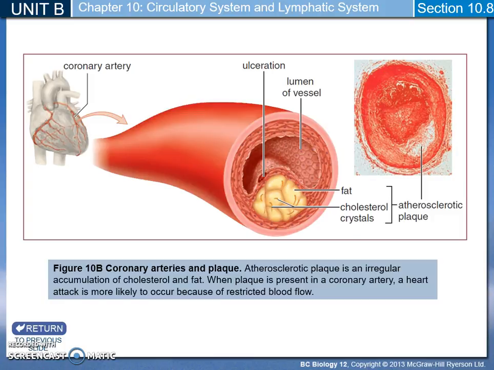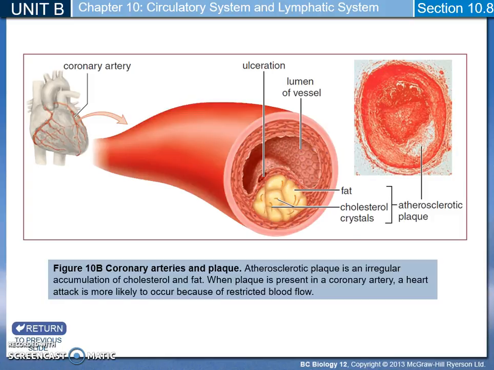So here's a diagram of what that can look like, where you have an ulceration of the wall of the inner lining of the artery, and you get a buildup of fatty deposits, generally cholesterol and things like that. So the opening of the artery is restricted, and it impedes the blood flow, and sometimes clots can form around them as well.